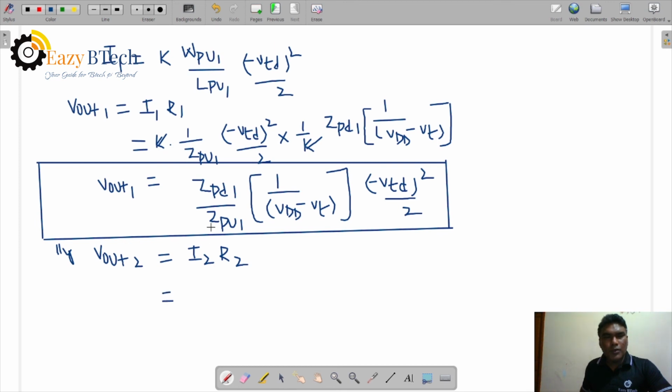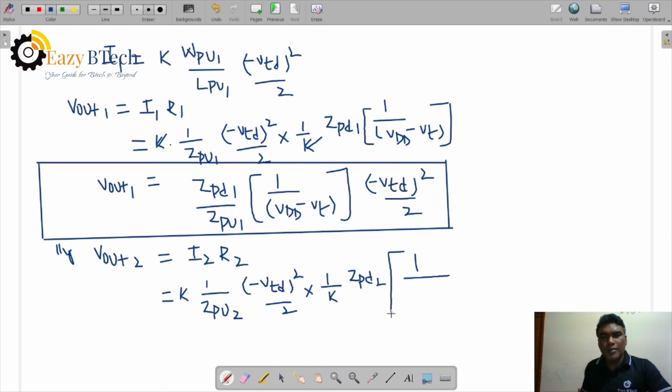I2 is nothing but K into 1 by Z pull up 2, into minus VTD whole square by 2, into 1 by K. This is R2, so Z pull down 2, 1 by, and what is the input?